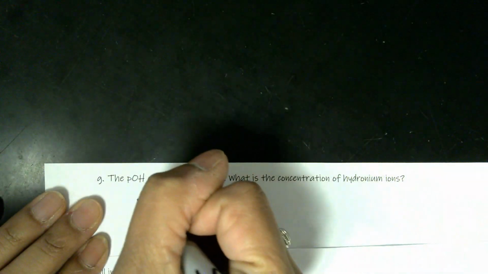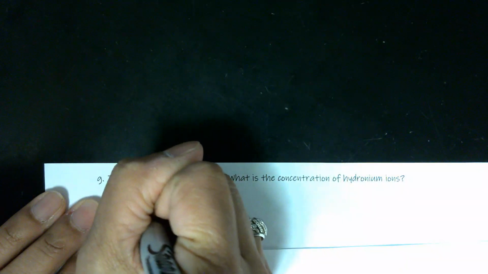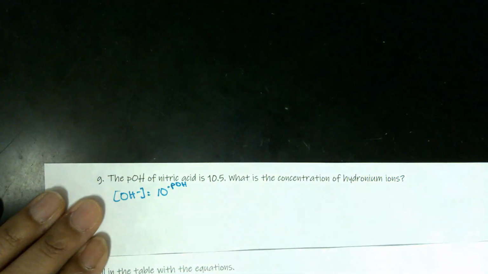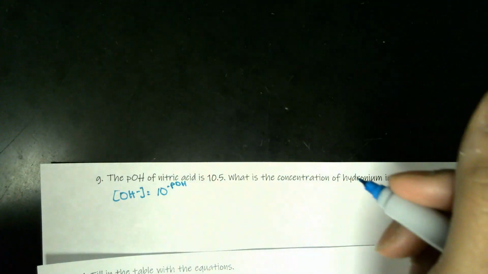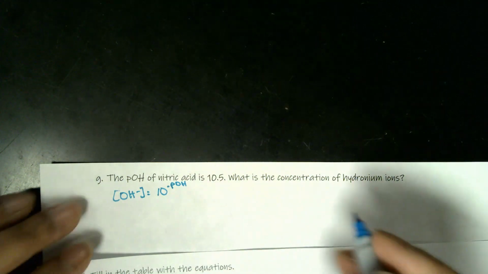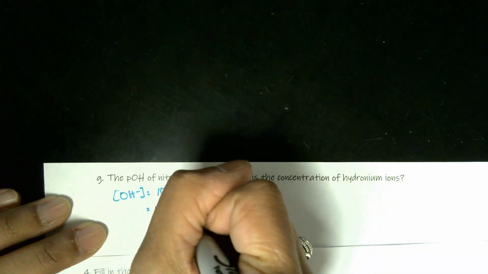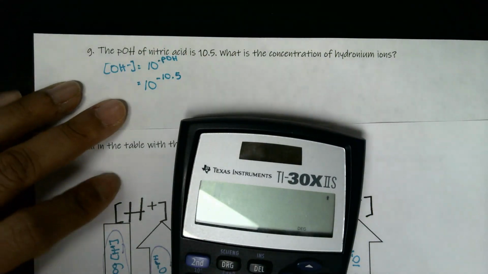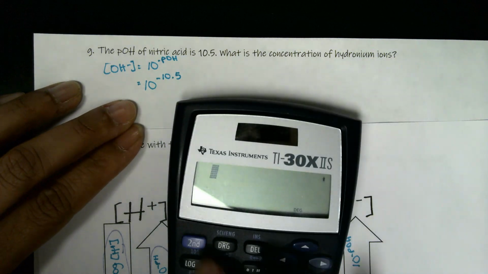So I can say that the concentration of OH minus is equal to 10 to the negative pOH. The other equation I have is, actually we're just going to stick to this one first. So I have 10 to the negative 10.5, and that'll get me to my concentration of OH minus.